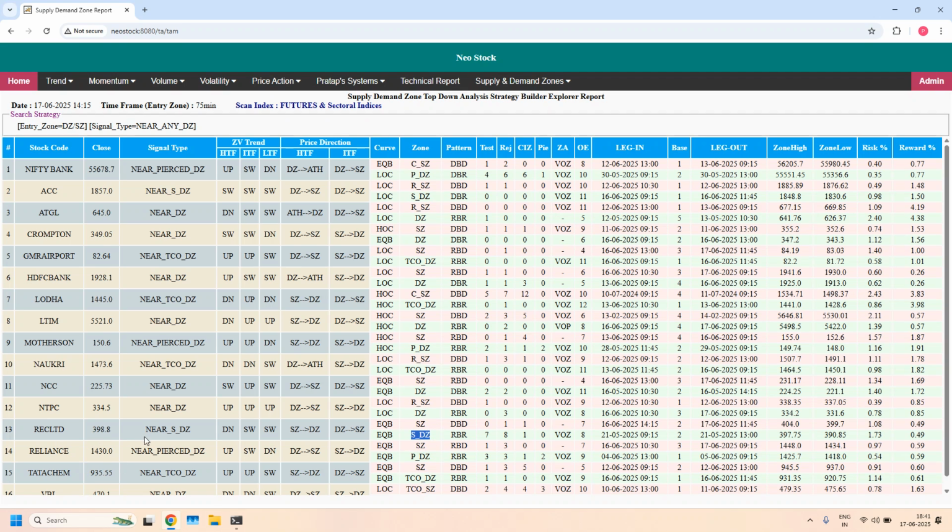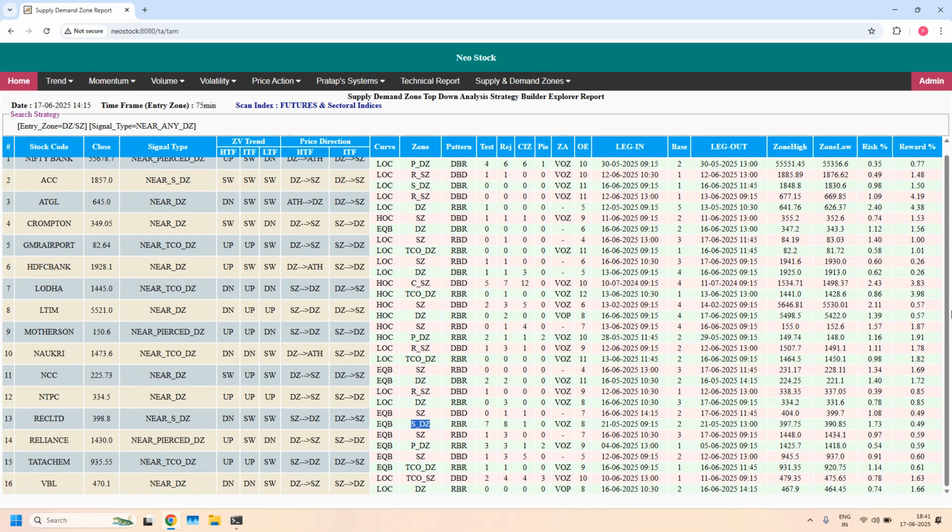Next, REC Limited is having a 75 minutes high liquidity demand zone. That's it. We identified two 75 minutes high liquidity demand zones from this list.